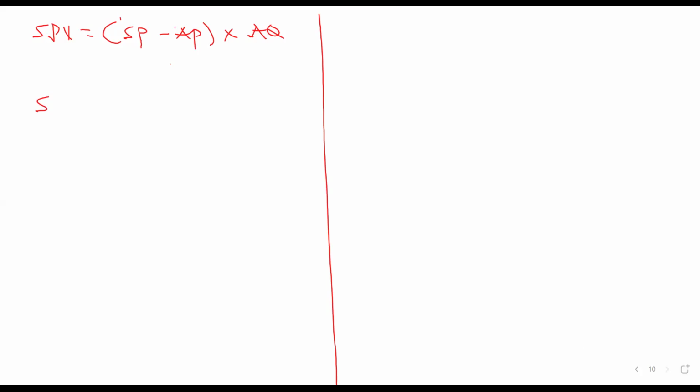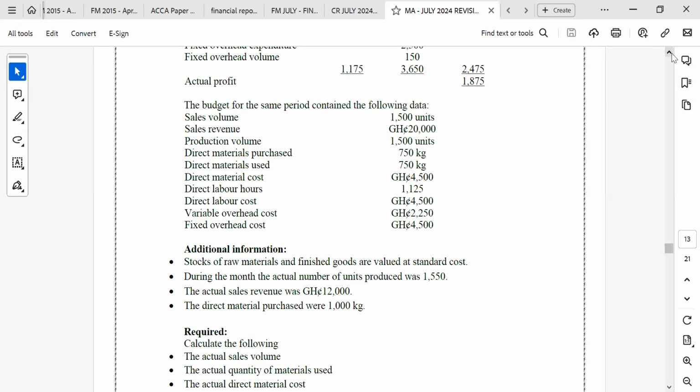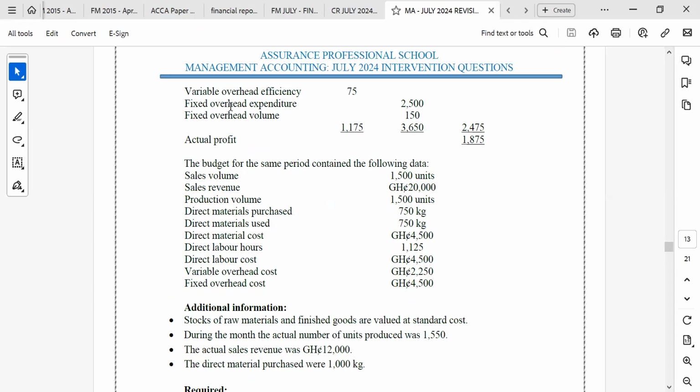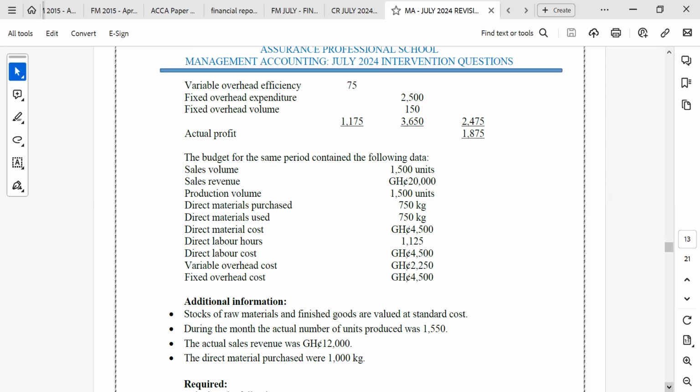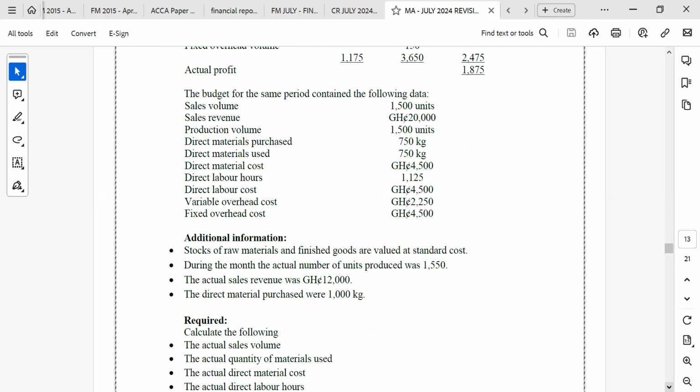If we calculate fixed overhead expenditure variance and also fixed overhead volume variance, the company is using absorption costing. But if it is marginal costing, we only calculate the fixed overhead expenditure variance. So this will tell you that this is absorption costing.